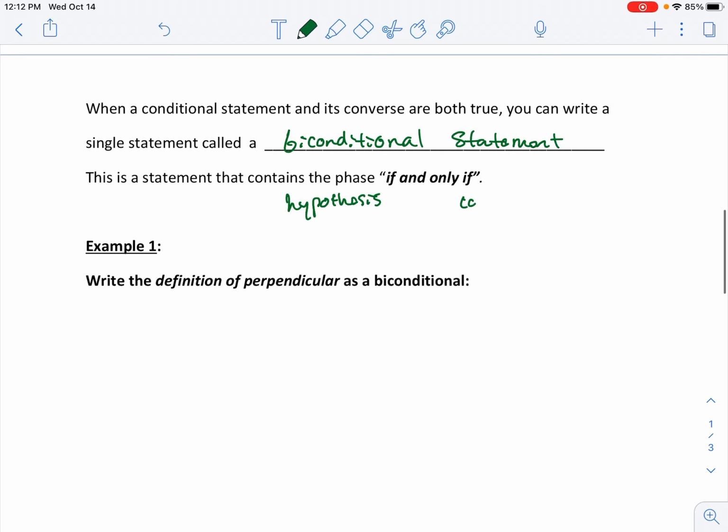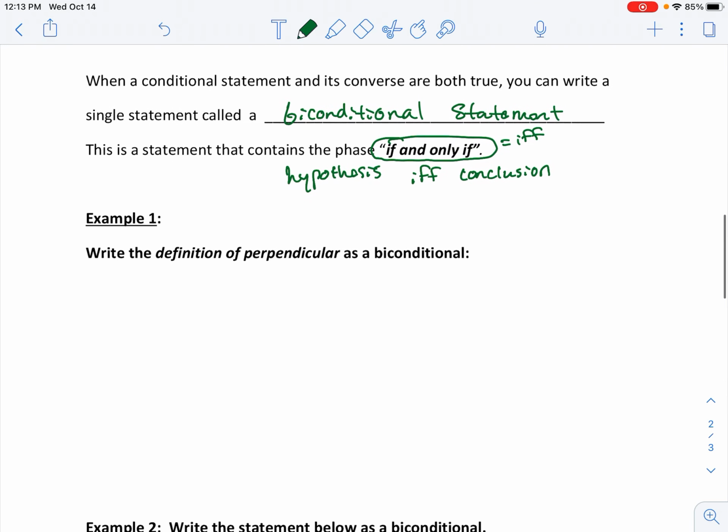We connect the hypothesis and the conclusion with this phrase, if and only if. That will be what connects, and you'll see some people write it as IFF, which means if and only if. So we're going to say hypothesis, if and only if, the conclusion.